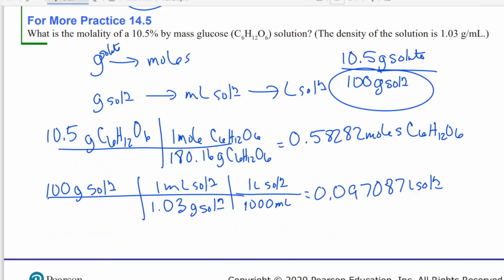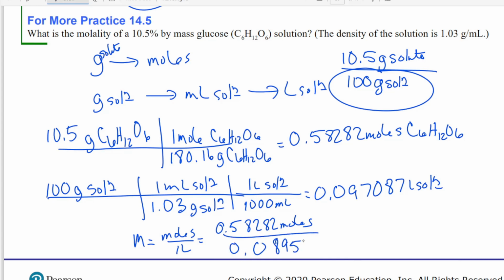So now we can calculate the molarity. Molarity equals moles per liter, and that's going to be 0.58282 moles divided by... No, I got that wrong, sorry.